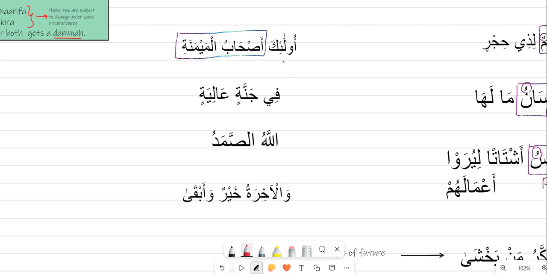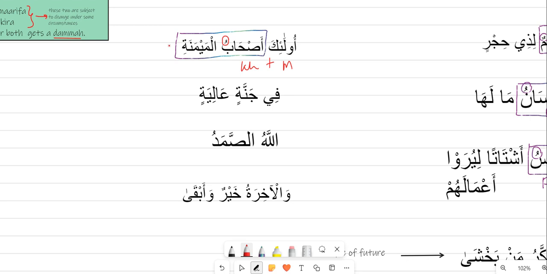As I told you, when there is an idafa, what should you look for? The first noun. If the haraka is dhamma, know that it is your khabar, but the structure is idafa. But I will leave this for now. I will discuss idafa structure in the genitive lesson, a majroor lesson.